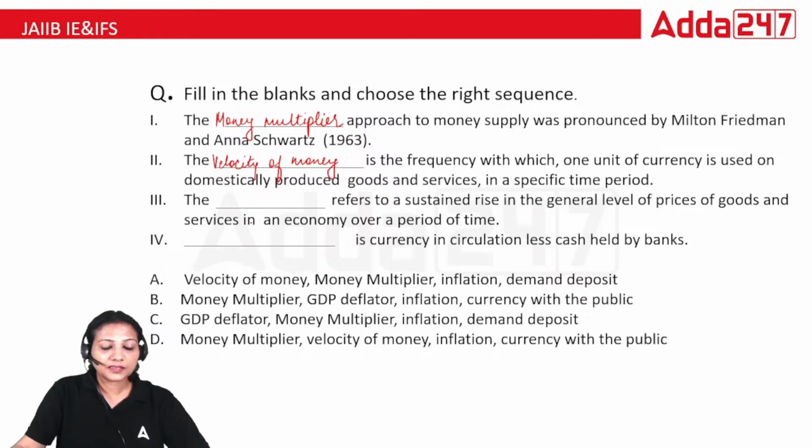Third is the dash refers to sustained rise in general level of prices of goods and services in an economy over a period of time, and this is nothing but inflation. And fourth one, dash is currency in circulation, less cash held in banks, and this is known as currency with public.